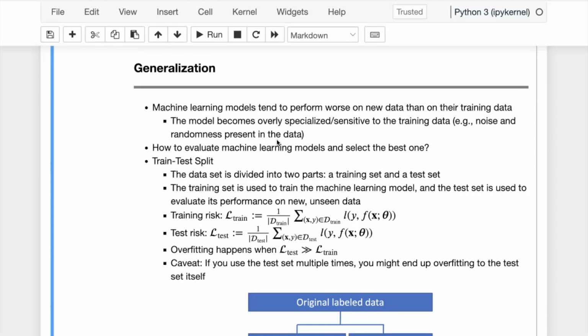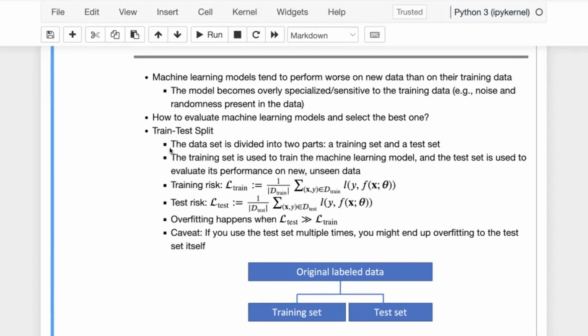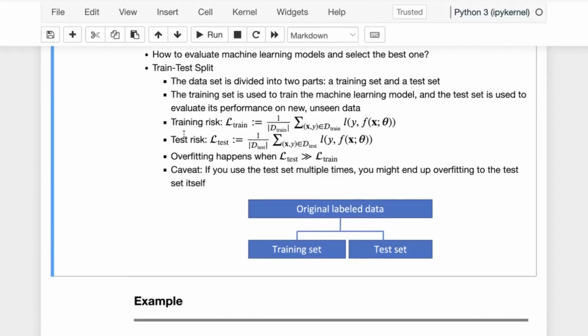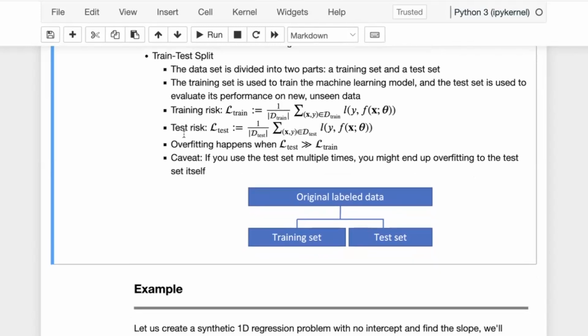And therefore, for this reason, we always want to make sure that we can evaluate the generalization performance of machine learning models, which means that at the minimum, you have to always have two data sets, one for training and one for testing. And this is the idea behind train test split.